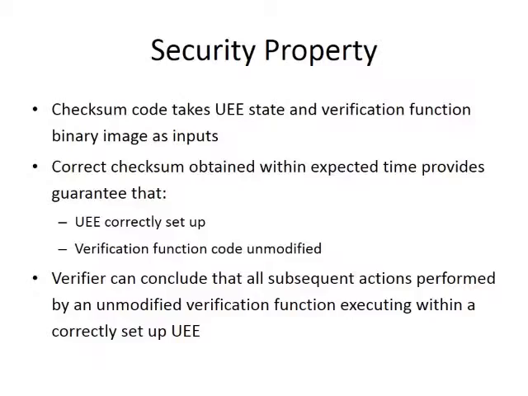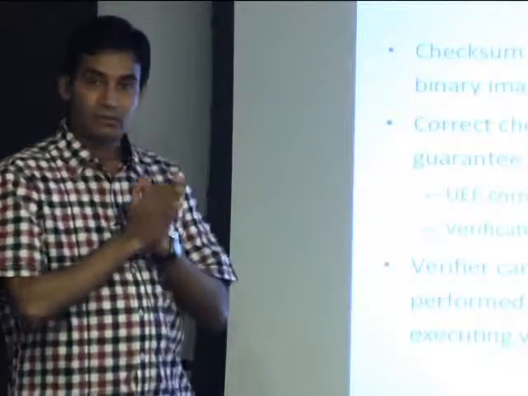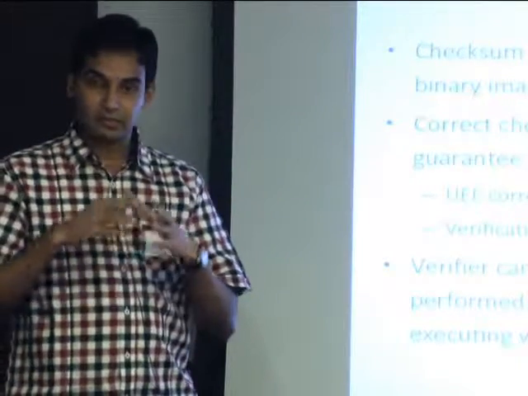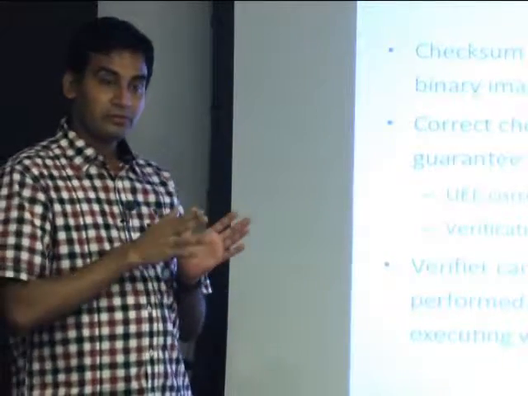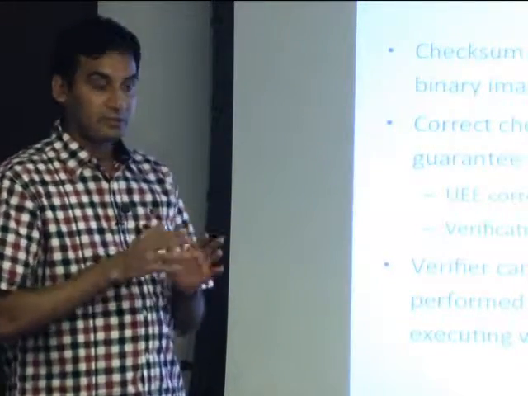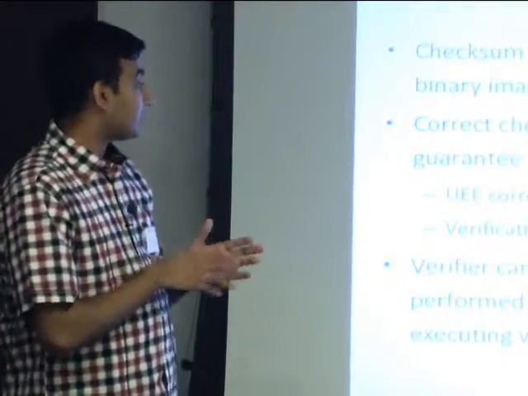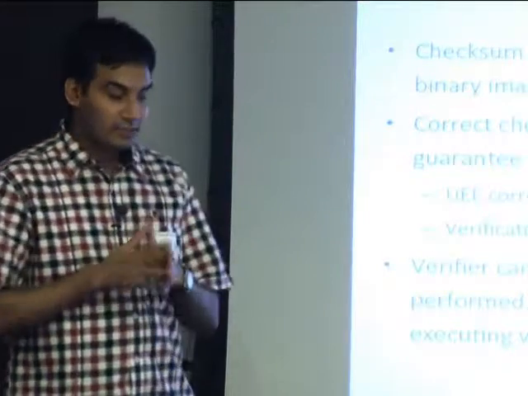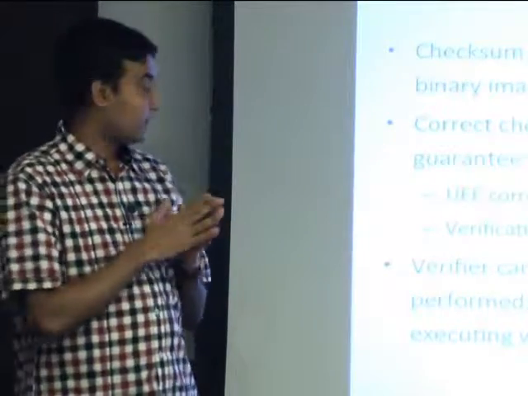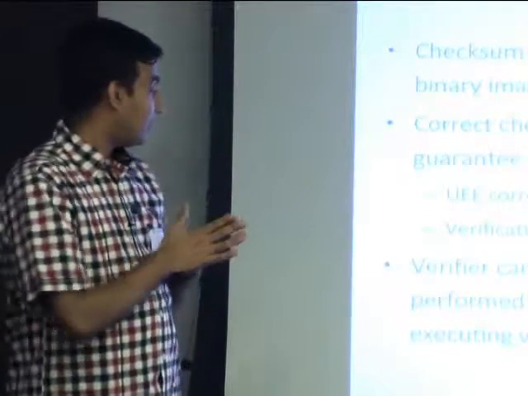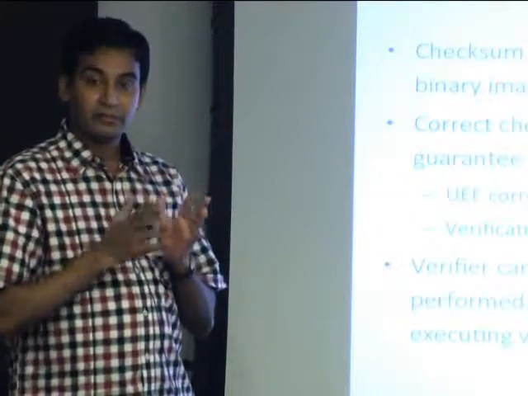So what's the security property? As we saw pictorially earlier, the checksum code is going to take the UEE state as well as the verification function binary image as inputs. Therefore, given the existence of the timing property, and we'll see in a few slides why we expect the timing property to hold, the correct checksum, which is obtained within the expected time, will provide the guarantee that, first of all, the UEE is correctly set up, and secondly, that the verification function code itself, the binary image, is unmodified.